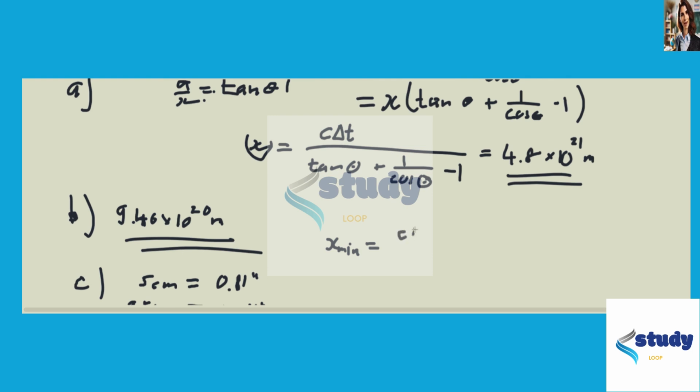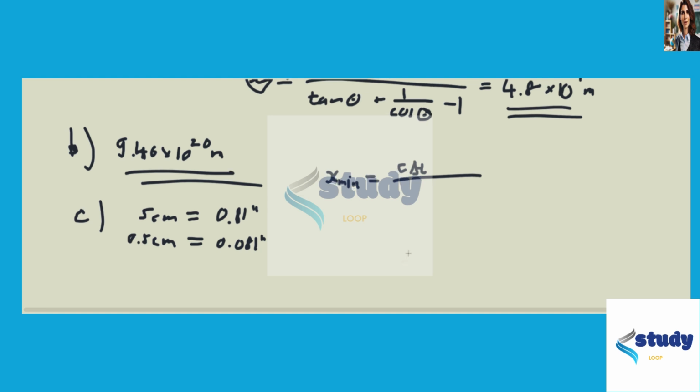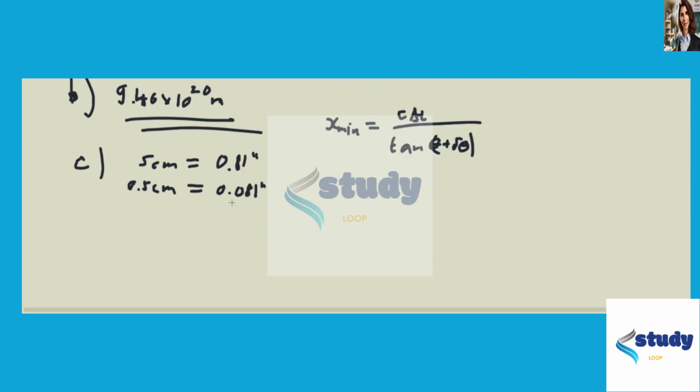So here you're going to use c times delta t divided by the tangent of theta plus delta theta, right? And so delta theta is this value. Delta theta is equal to 0.081 arc seconds.